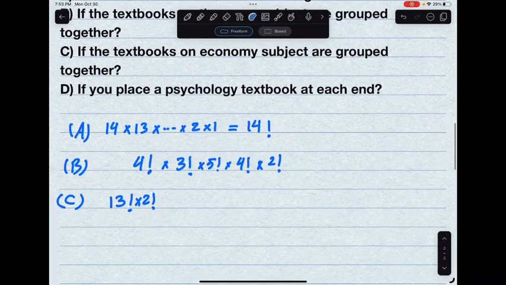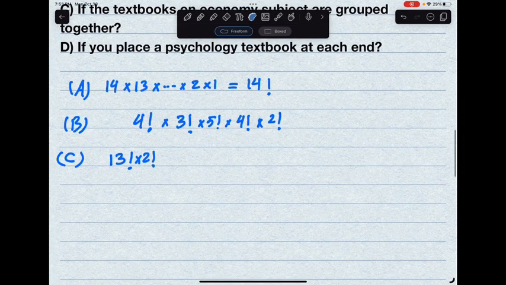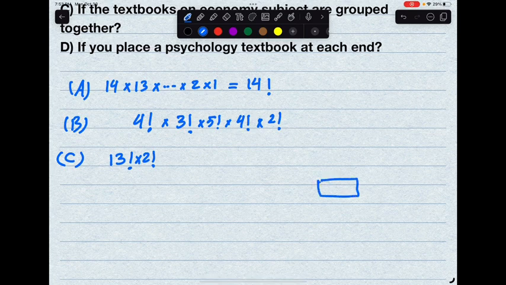Linear algebra books are grouped together and economic books are grouped together, but the other 2 subjects can be anywhere on the shelf. So we need to choose one place for the linear algebra books and another place for the 2 economic books.